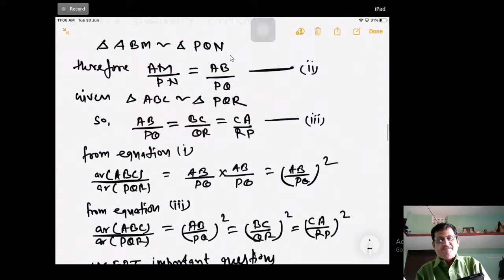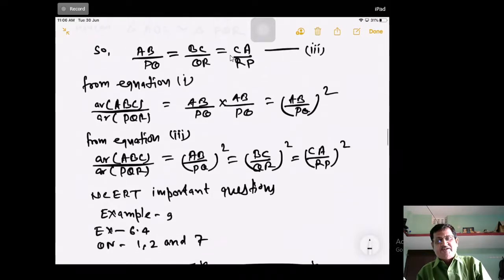From equation first, area of triangle ABC upon area of triangle PQR is equal to AB upon PQ into AB upon PQ, so AB by PQ the whole square.